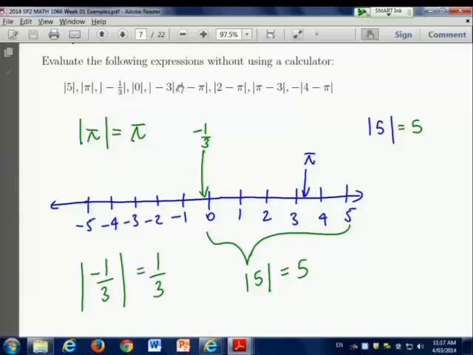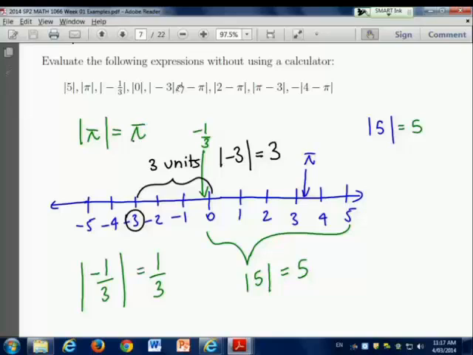It's 1/3 units away from 0. Let's do one more of those. Absolute value of negative 3. Here's negative 3. It's 3 units away from 0, so the absolute value of negative 3 is 3. So if whatever's inside is negative, you make it positive.